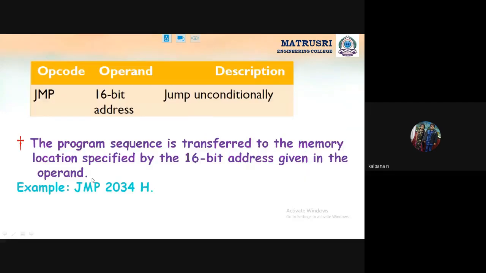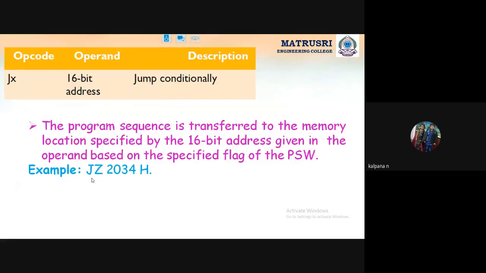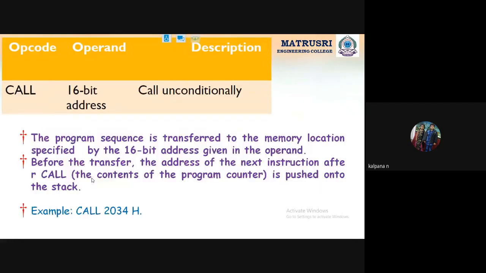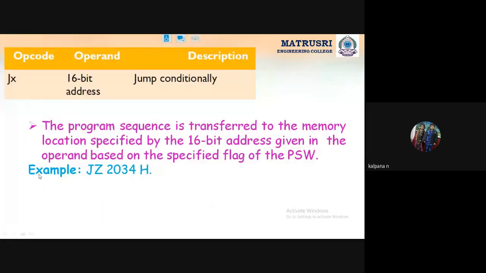First, JMP jumps to the specified address location unconditionally. Now JX jumps to the specified address location based on the flags. In place of X we write these flags, but the format and instruction are the same, for example JZ 2034, where we need to specify the memory location.